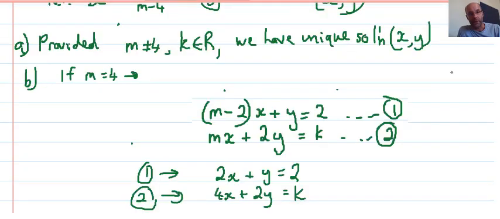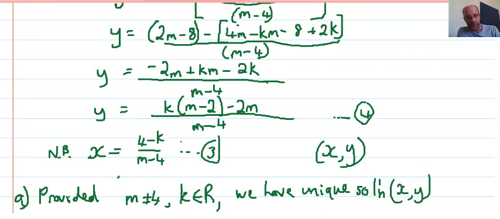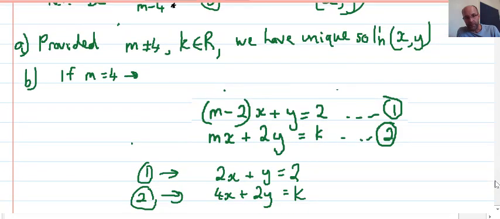Part B, okay, there'd be no solution if m equals 4. We can see that by dividing by 0 above. Moving up here, equations 3 and 4. So m can't equal 4, dividing by 0. So if we did sub in 4, we'd see we have a case where k could not equal 4 because we would have copies of the same line.